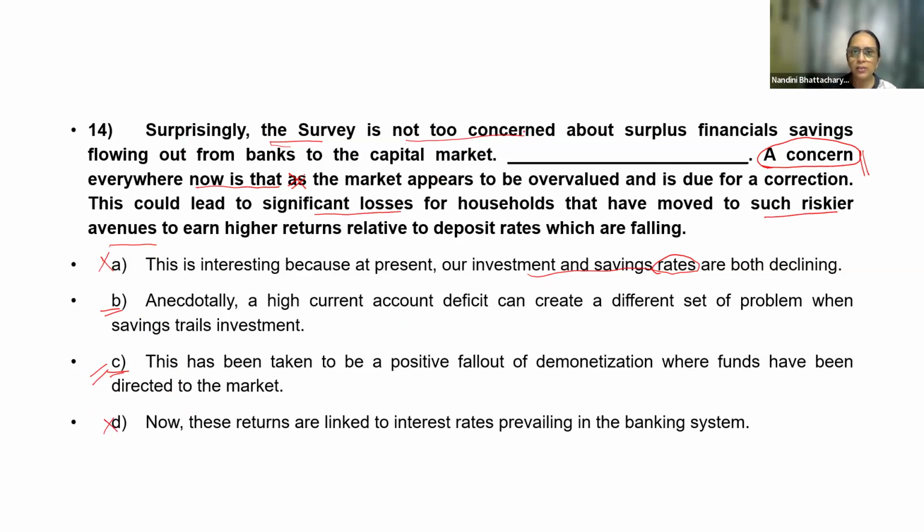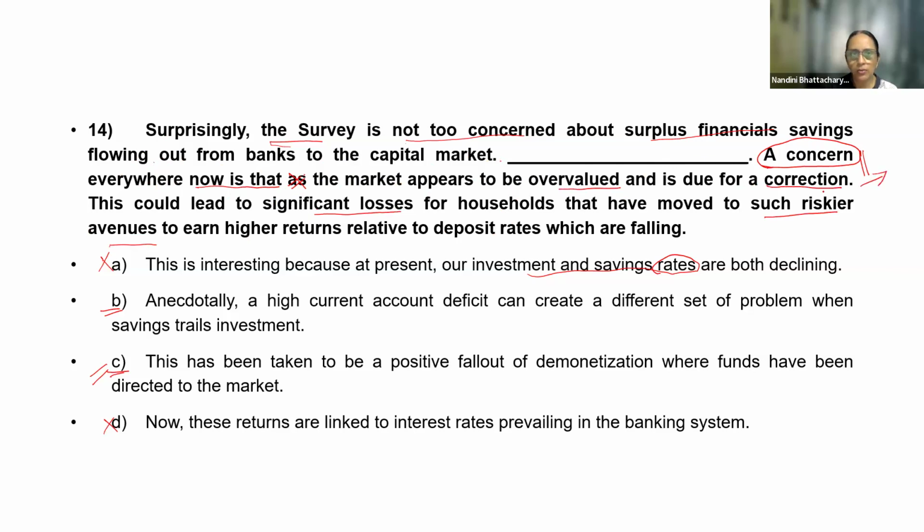That is, the survey is not too concerned about the surplus financial savings flowing out of the banks to the capital market. So there is a surplus flow from the banks to the capital market. A concern everywhere is now that the market appears to be overvalued and is due for correction. Right?